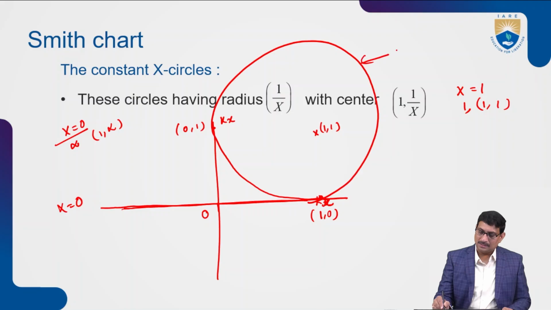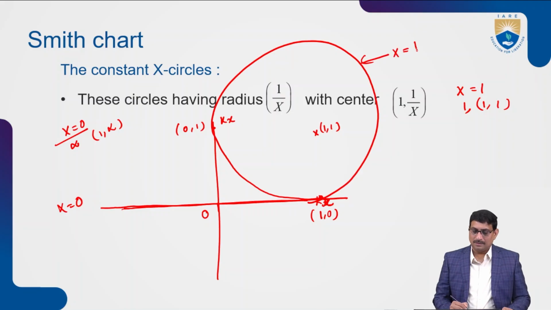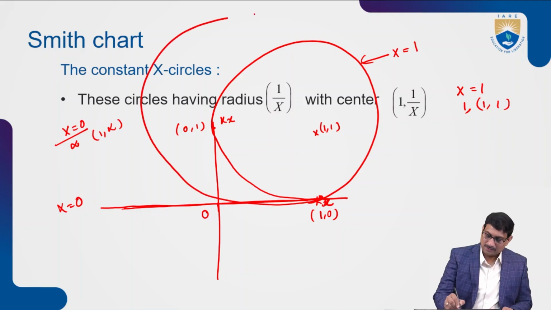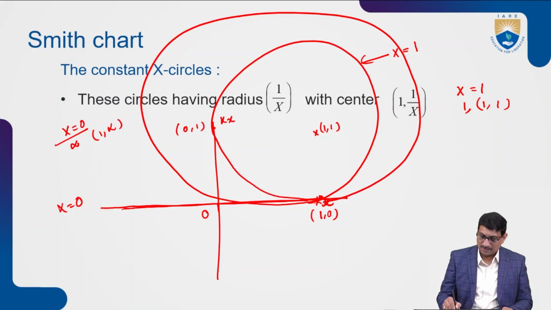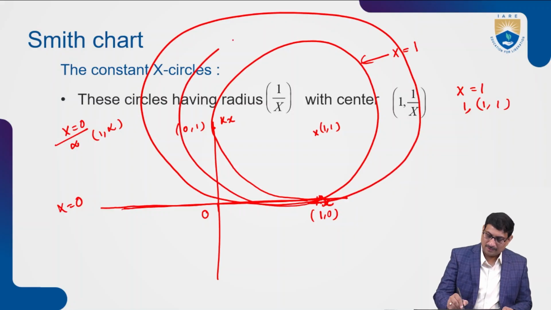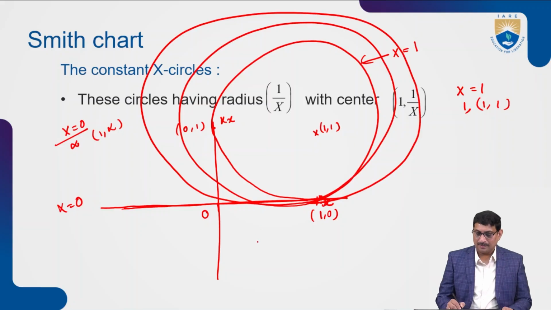This circle is x equal to 1. Suppose I take x equal to 0.1, this circle may be like this, it comes like this, right? And x equal to 0.5, it may be like this, okay?